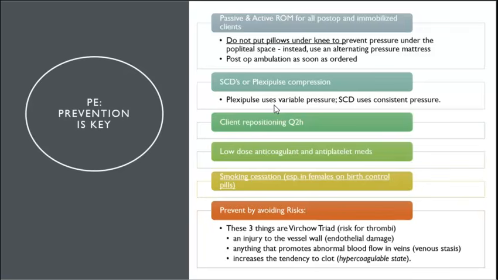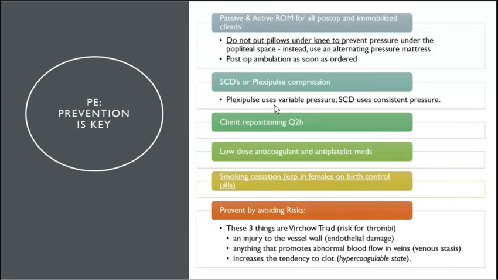Low dose anticoagulants and antiplatelet medication. So your Eliquis, your warfarin, heparin, Lovenox, even your aspirin, your baby aspirins. Smoking cessation, so especially with females on birth control, always remember estrogen and smoking equals clots. We do not want that.